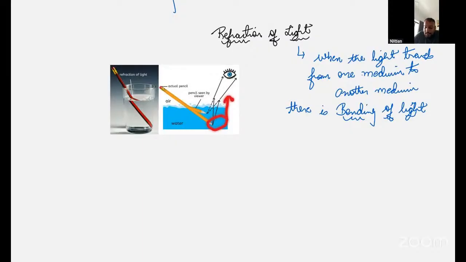And because the light bends, we feel like the pencil also bends. So the bending of light depends upon the change in medium, not upon any powerful water.